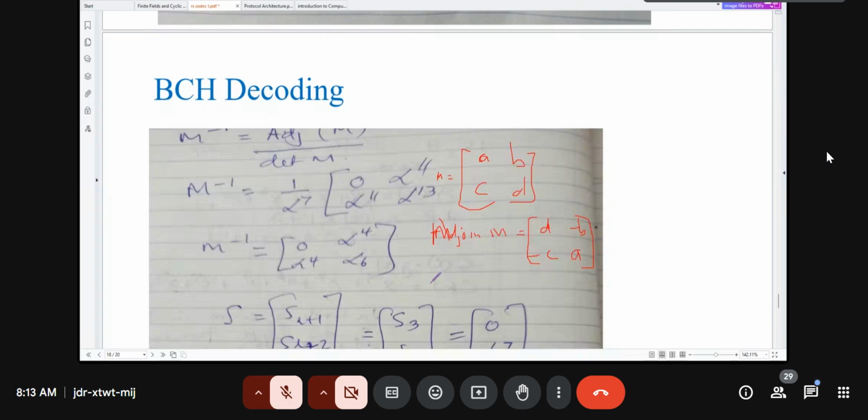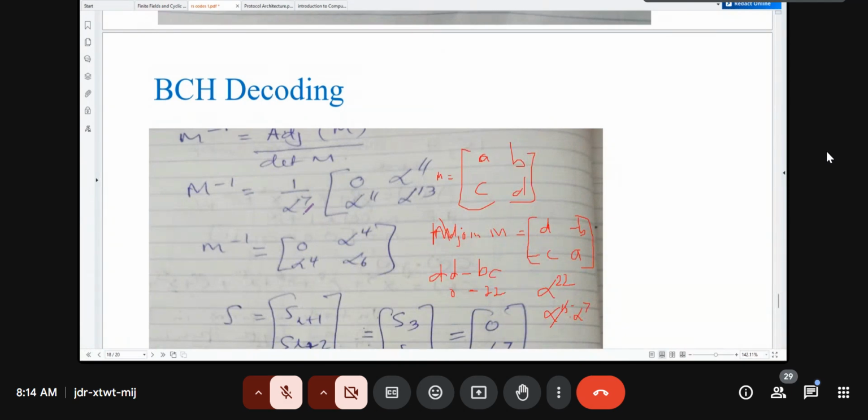So this should be 0 minus, in this case, 22. So we have alpha to the power of 22, which is simply alpha to the 15 times alpha to the 7. But alpha to the 15 we know is 1. So that's how we are getting alpha to the 7.